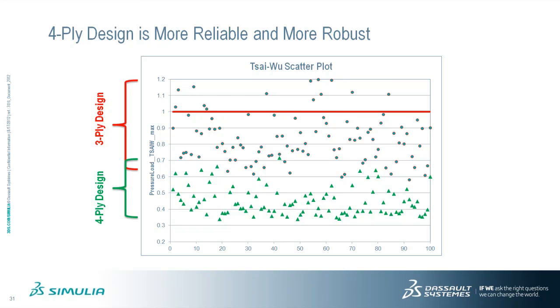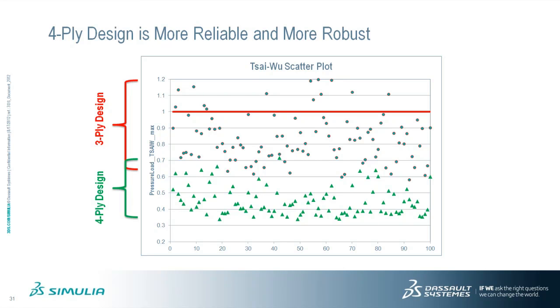If we make 100 of these winglets, the performance that the operators are going to see, be it a drag reduction or increased lift, for the 4-ply design is going to be more consistent. For the 3-ply design, some are going to fail, but even the ones that don't fail are going to have a large scattering of actual performance.